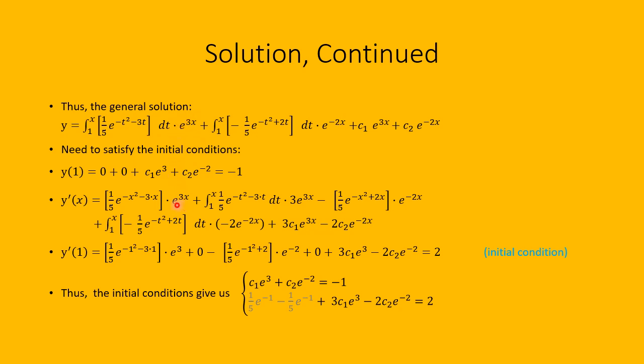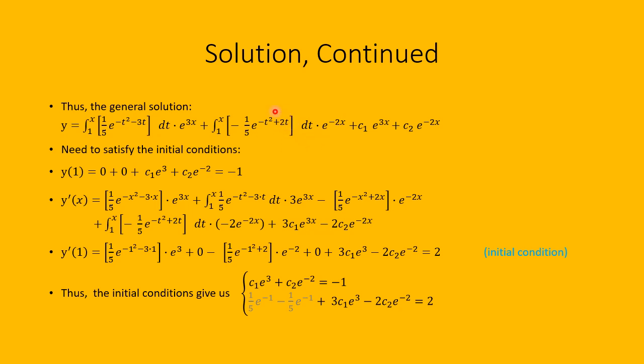Okay? And then we have to continue using the product rule. So far we took the derivative of the first factor times the second. Now we'll take the first factor times the derivative of the second factor. And so that's going to be that integral, and then the derivative of e to the 3x is 3e to the 3x. Okay? So now let's move on to differentiate this next term with respect to x.